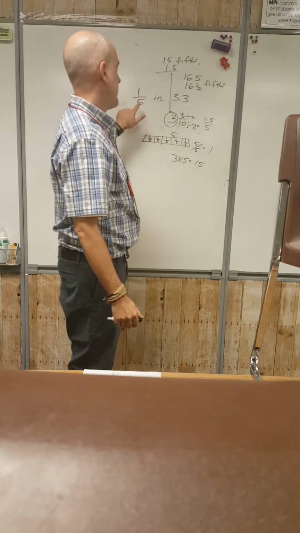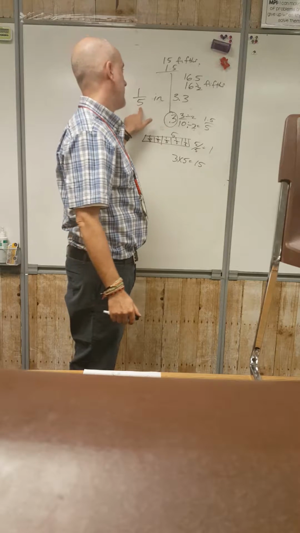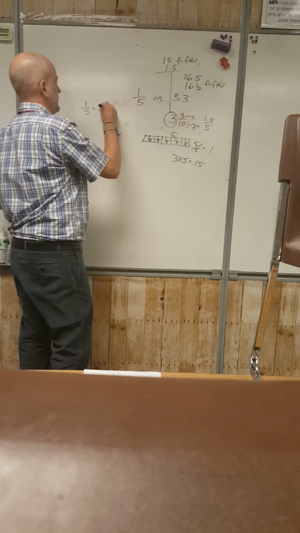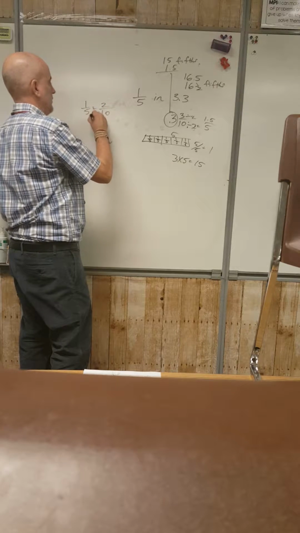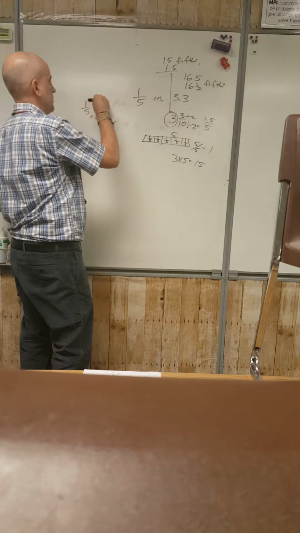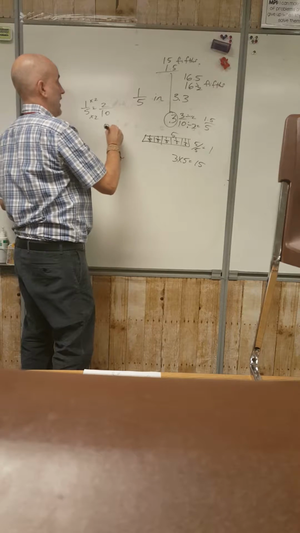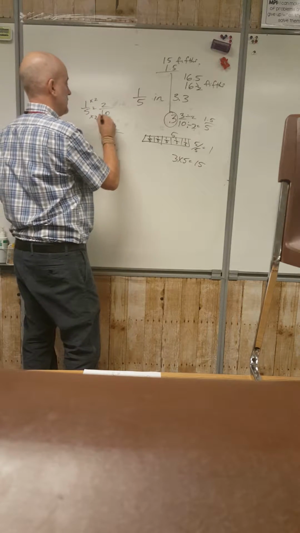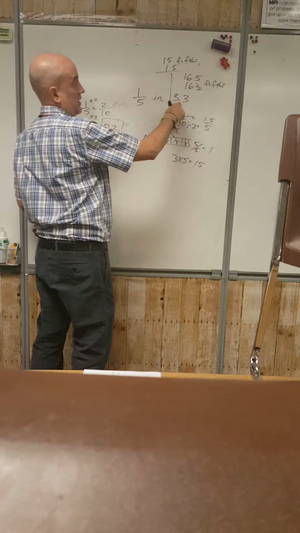16.5. Now again, I said you could do it another way. You could make this into a decimal and then figure out how many of those are in here. So 1/5 is the same as 2/10: 5 times 2 is 10, 1 times 2 is 2. So another way I could think of this question is, how many of these 2/10 are there in here?